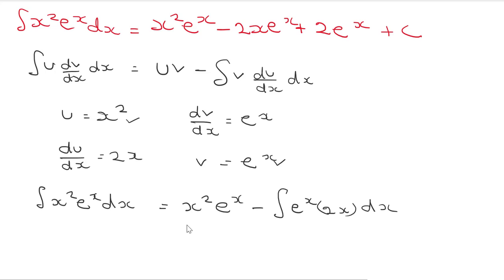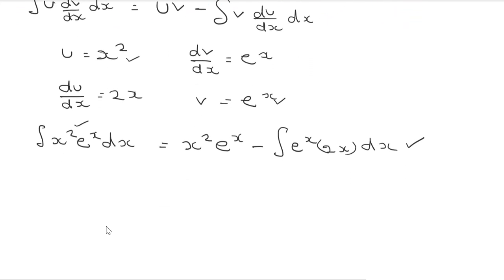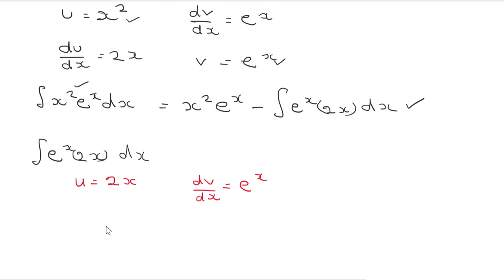dx. I have to integrate this to find the integral of this. So the integral of e raised to the x times 2x dx, I'm going to let u equal 2x and dv by dx equal to e raised to the x. So du by dx is equal to 2 and v is equal to e raised to the x.